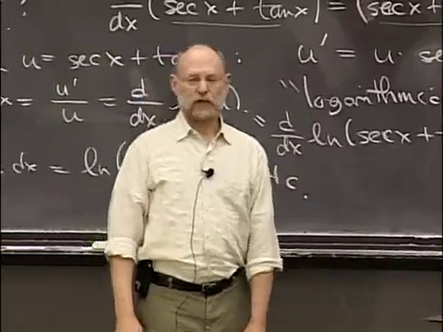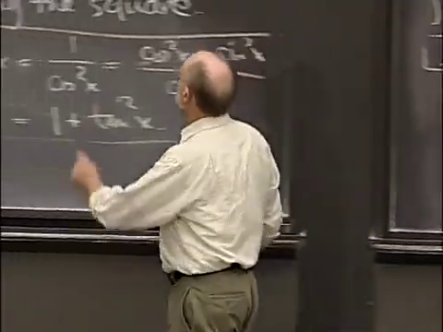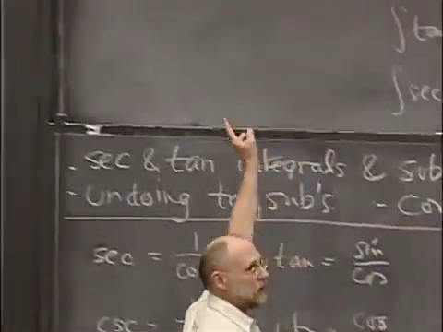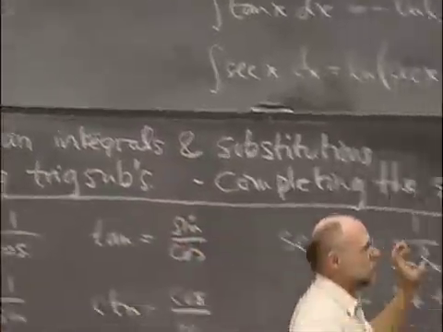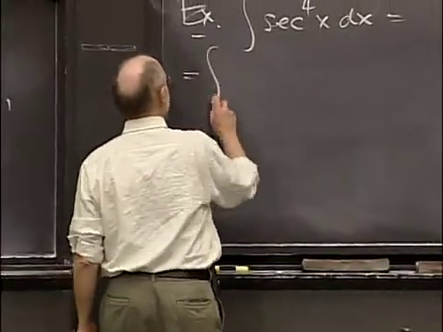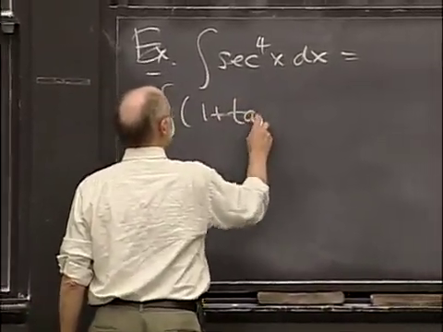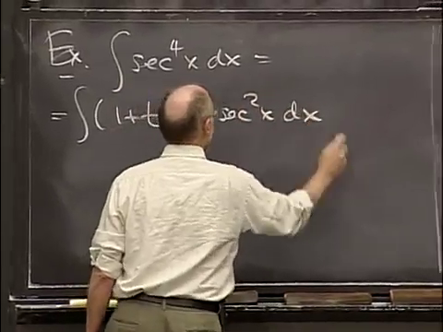Well, there are too many secants there for me, so let's take some away. And I can take them away by using that trig identity, secant squared is 1 plus tangent squared. So I'm going to replace 2 of those secants by 1 plus tangent squared. That leaves me with 2 left over.